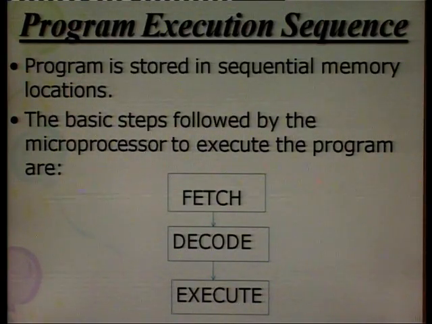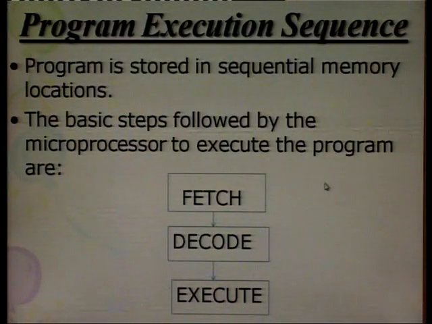With the help of these signals, the data which is stored in the selected memory location is placed on the data bus, and from there it goes into the instruction register inside the microprocessor. This operation completes the fetch operation of the program execution sequence.